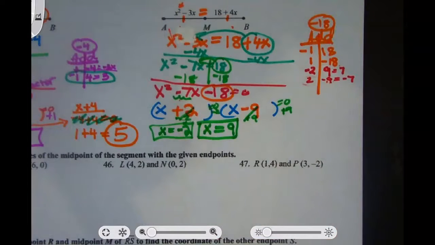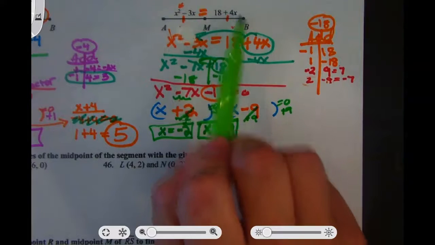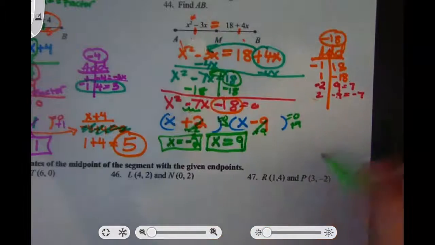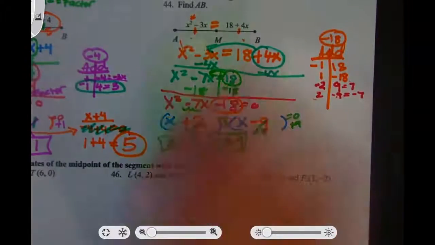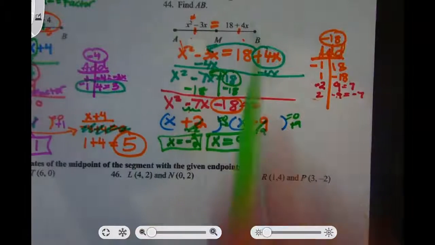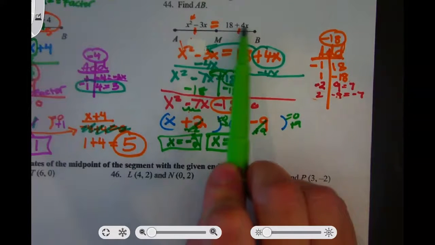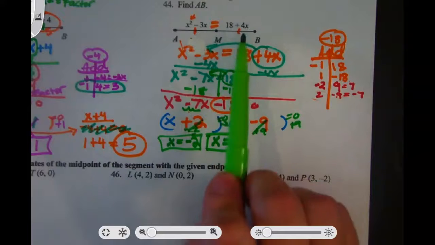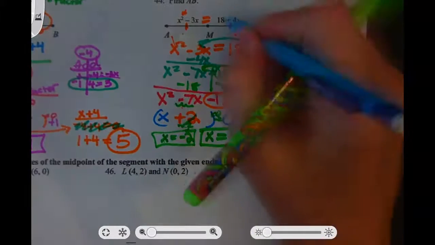So all I have to do now is figure out which one's going to be my correct answer. So I'm going to plug it back into the side that only has one x, and then I'm going to see which number is going to give me a positive final answer. Some of you might just know in your head right here. You can't plug in. We're going to have to make sure, but I'm starting with up here.